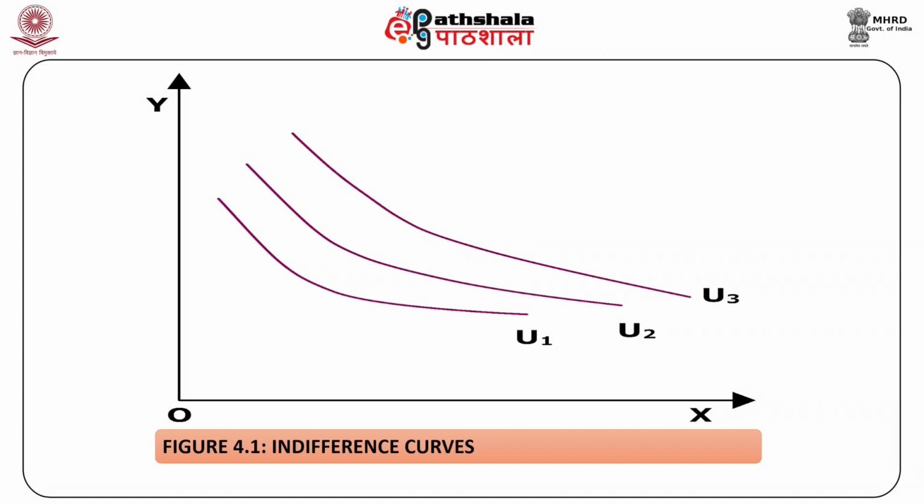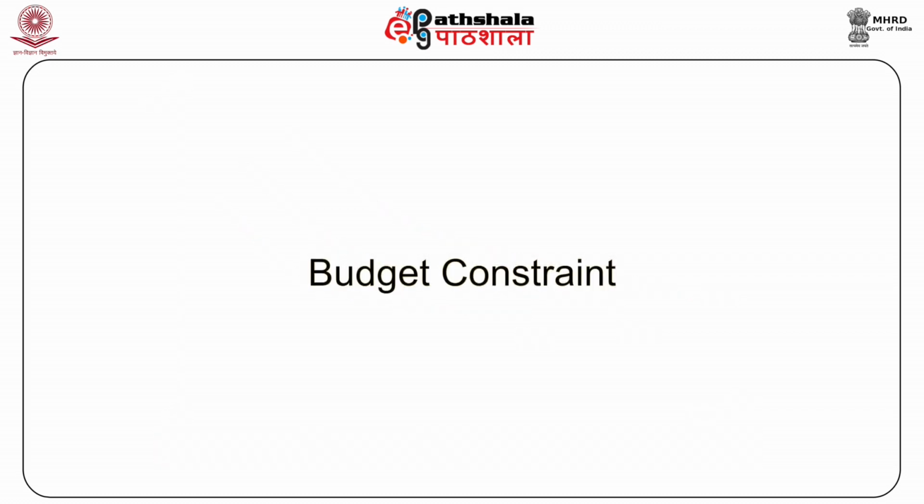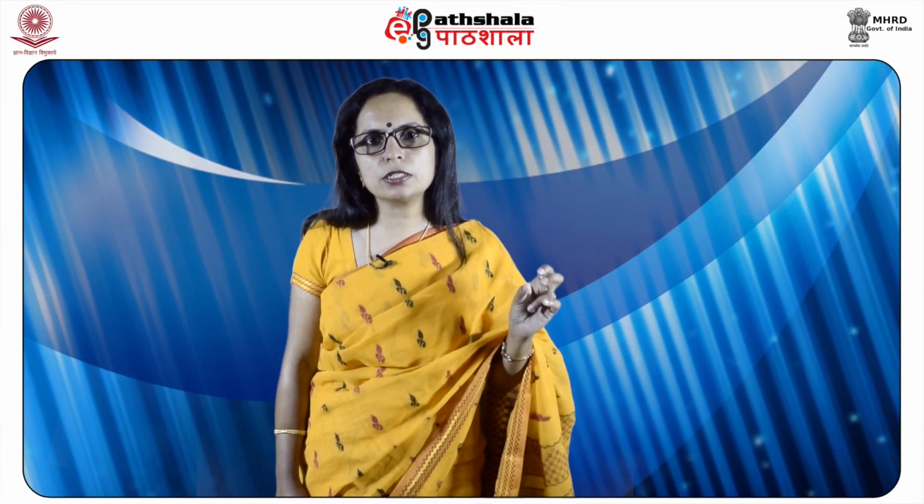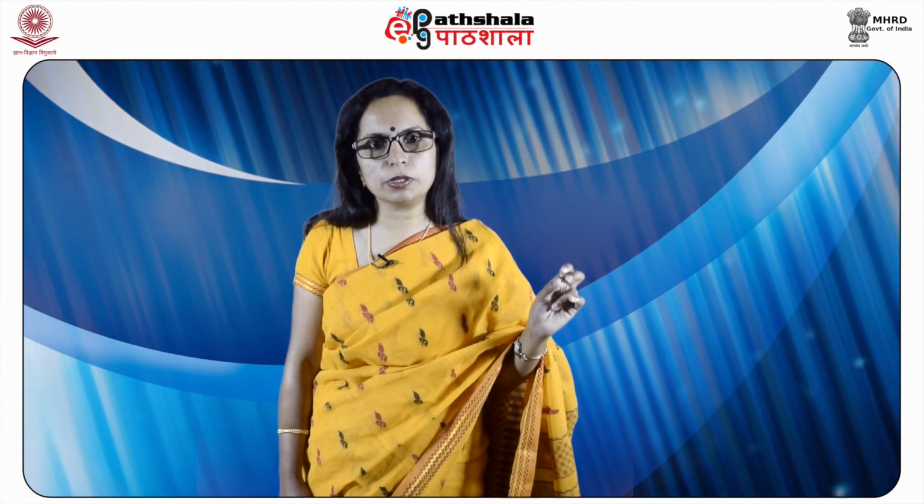A utility function, a measure that assigns a level of utility to individual market baskets, can be represented by a set of indifference curves. As we see in figure 4.1, there are three indifference curves with different utility levels. So, U3 is greater than U2, which is greater than U1, and these indifference curves are associated with a particular utility function.